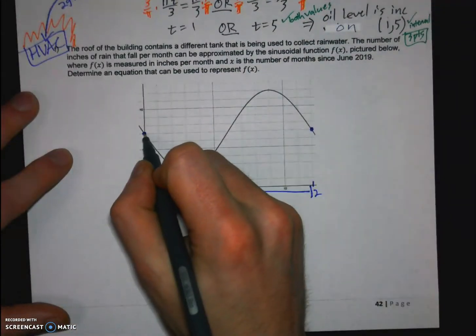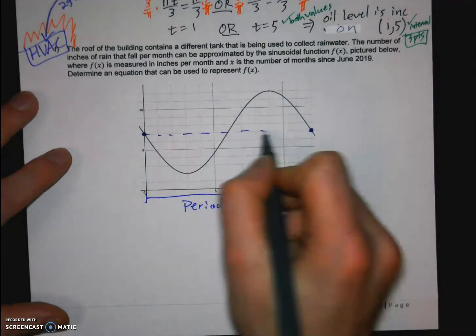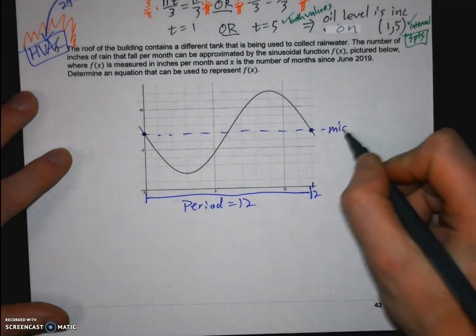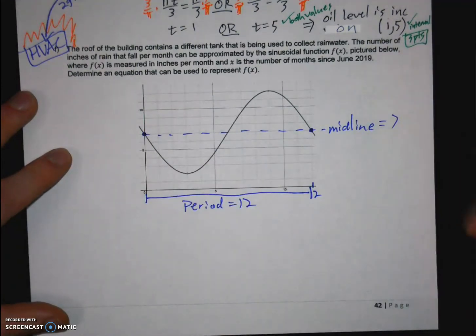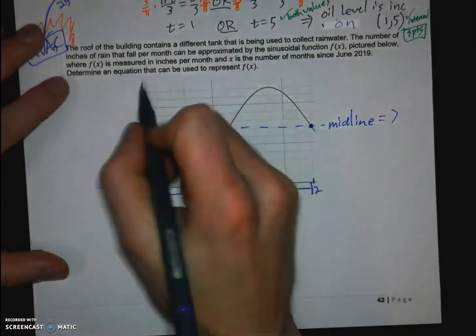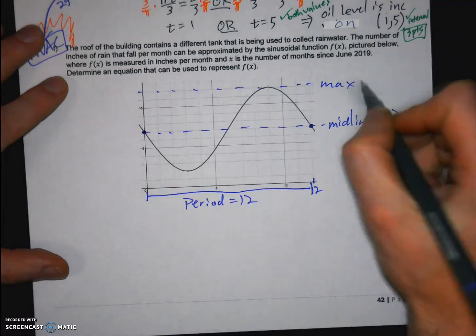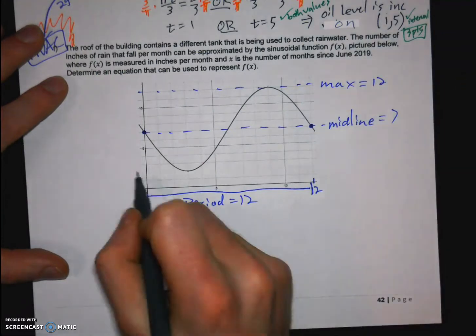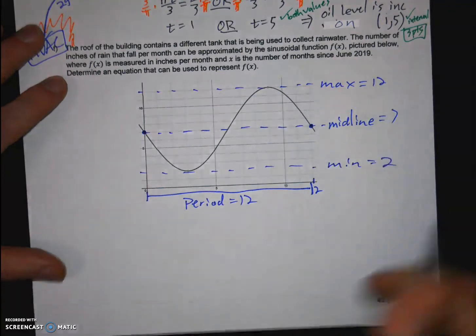I put the starting and ending points right here along our midline, which is at 7. And if you notice, our max is at 12, and our minimum is at 2.